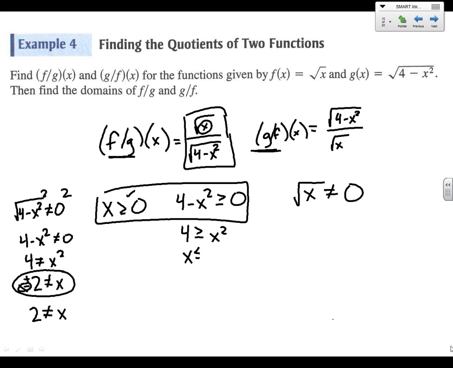X is less than or equal to 2, or x is greater than or equal to negative 2. If you dig back in your brain into algebra, when you do inequalities, if you ever have to flip the sign from a positive to a negative, we have to flip the inequalities from less than to greater than.